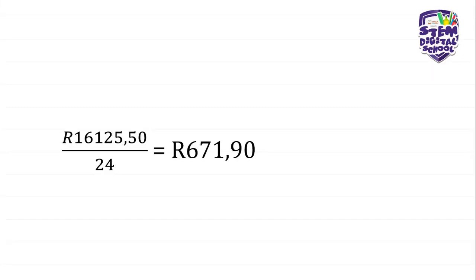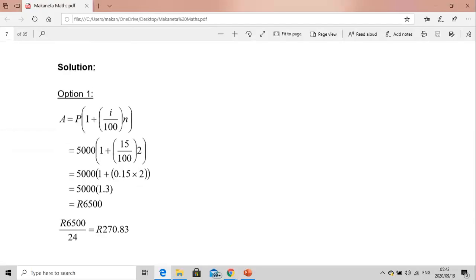And if you look at this amount and compare it with 270 rands and 83 cents, despite the fact that the simple interest is 15% and the compound interest is 5%, we still see the compound interest yielding a bigger accumulated amount.